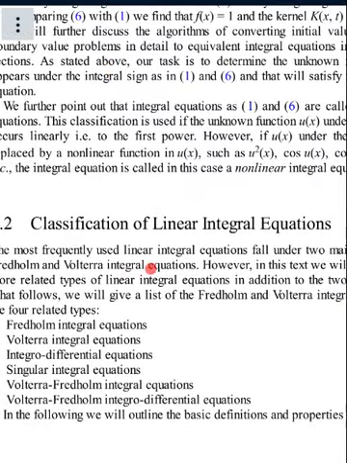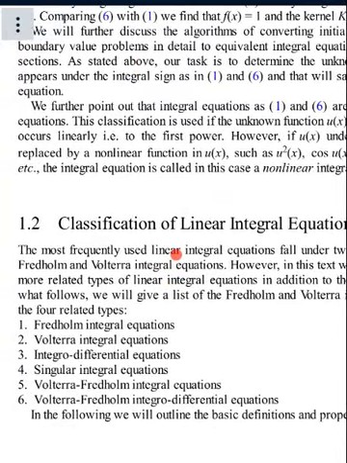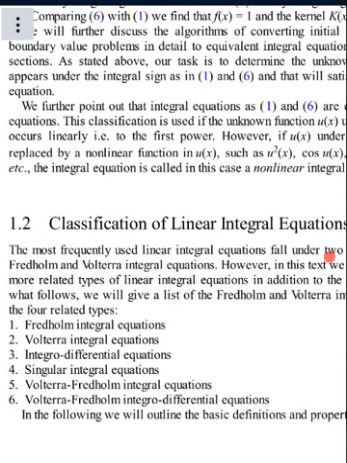let's go to the classification of linear integral equations. As I said, we call an integral equation a linear integral equation if the unknown function u appears in a linear form. So we can't have the powers of the function u, we can't have any other expression in terms of u except in this form, just u, outside of the integral and inside the integral sign.